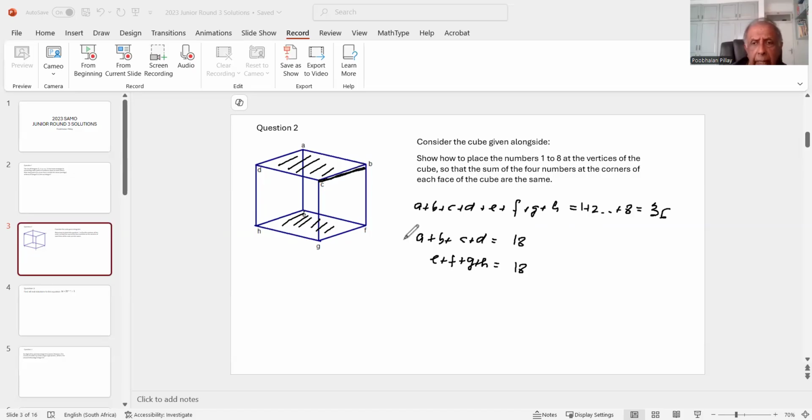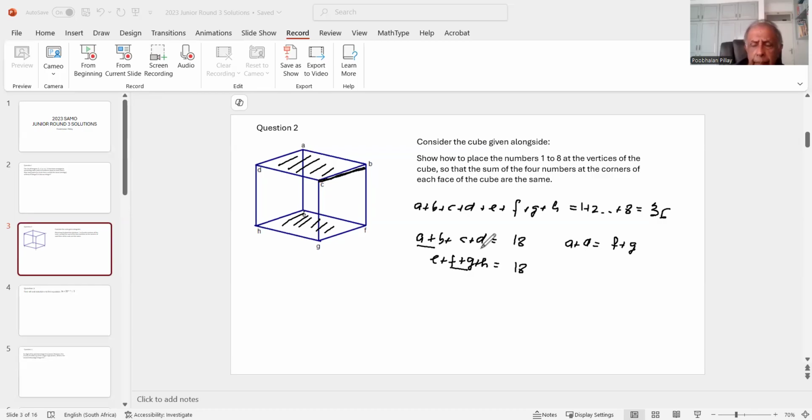So A plus D, those 2 numbers added to this, is the same as those 2 numbers added to the same thing. So A plus D must be equal to F plus G. So if I put F plus G plus H in the front, those 2 numbers are the same when they add up.